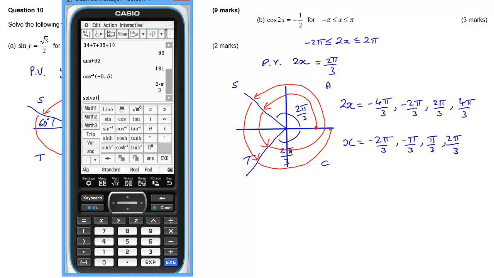So we're solving cos of 2x is equal to -0.5, and put them on the range, so that's going to be -pi is less than or equal to x, which is less than or equal to pi. And the solutions are -2 pi by 3, -pi by 3, pi by 3, 2 pi by 3.